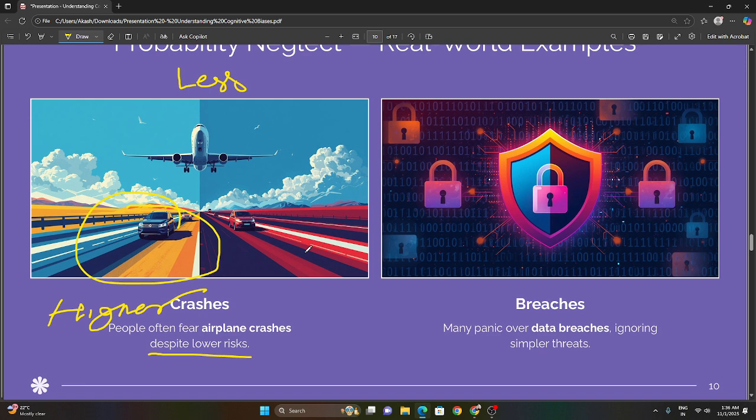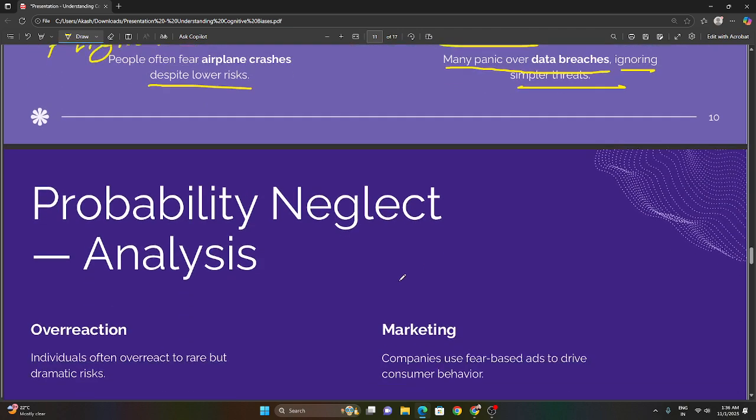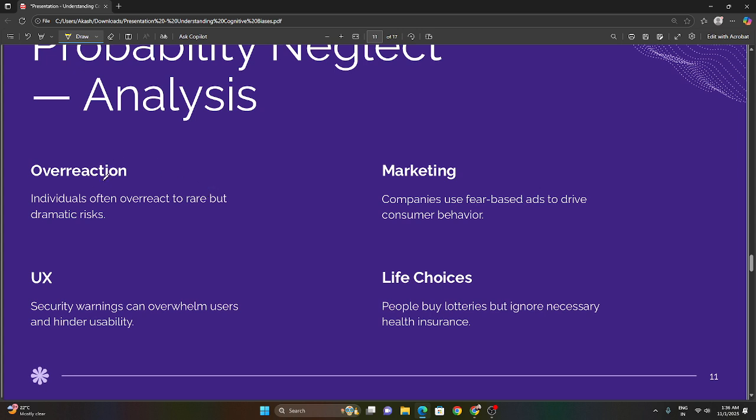Users panic about rare data breaches but reuse weak passwords daily. This also comes under this particular bias. Many panic over data breaches, ignoring simple threats.